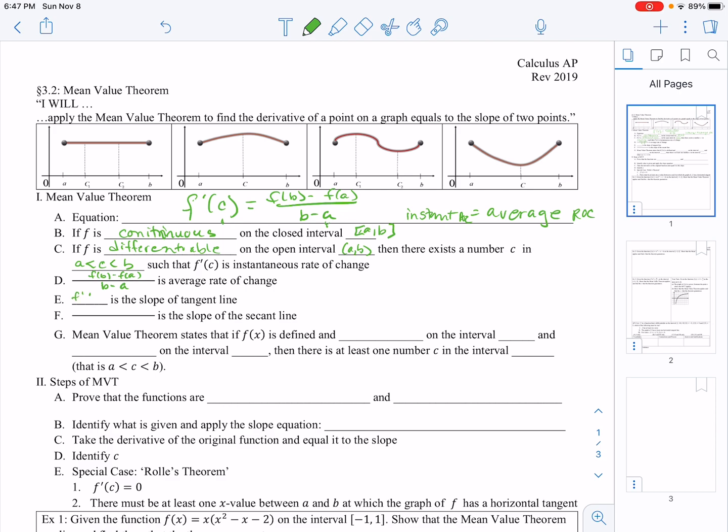f prime of c is the slope of the tangent line. f of b minus f of a over b minus a is the slope of the secant line.